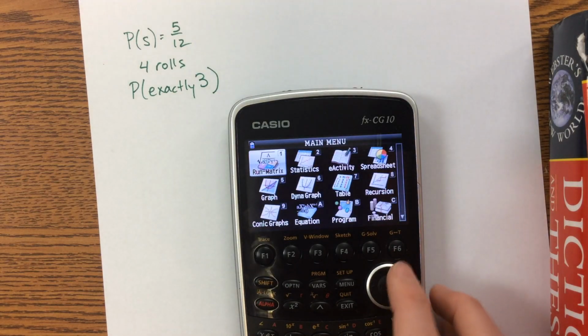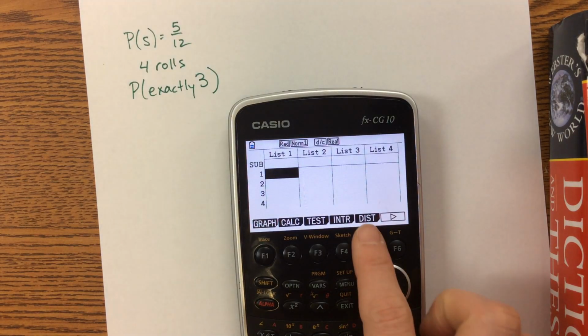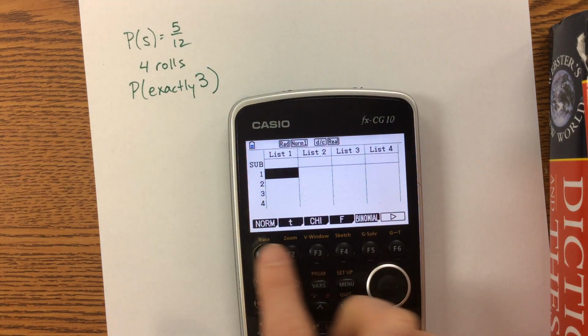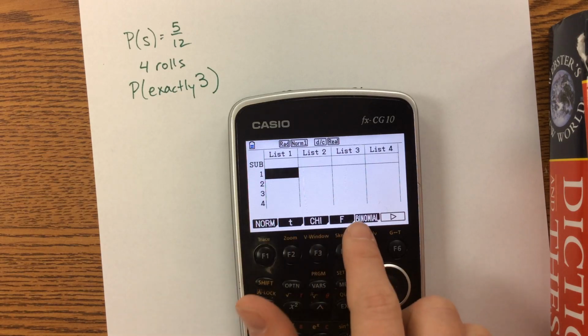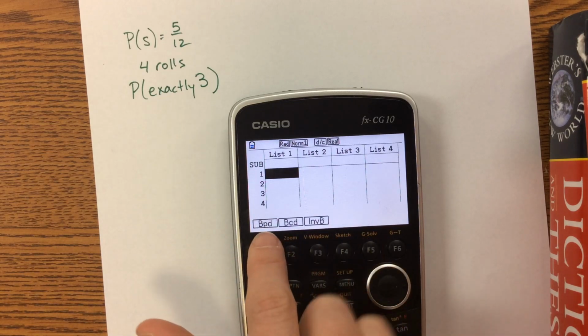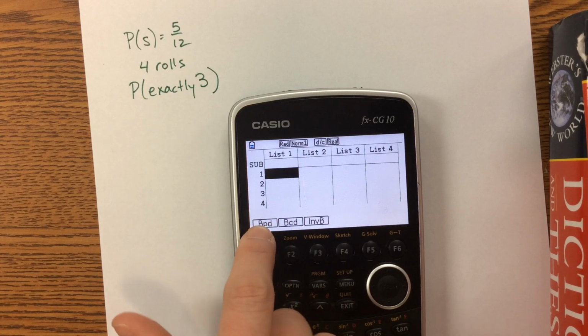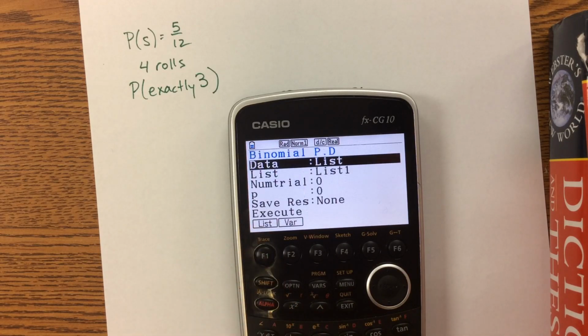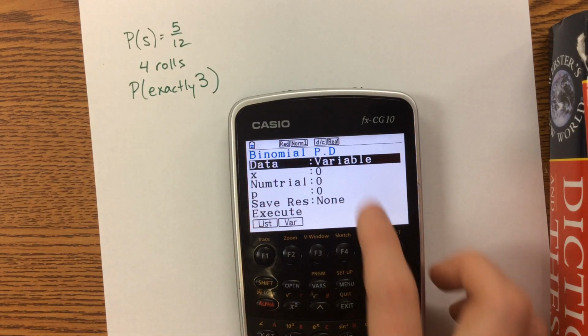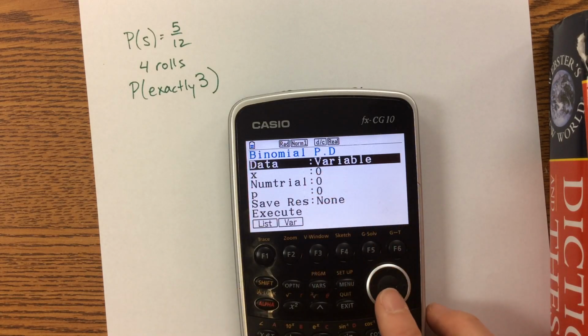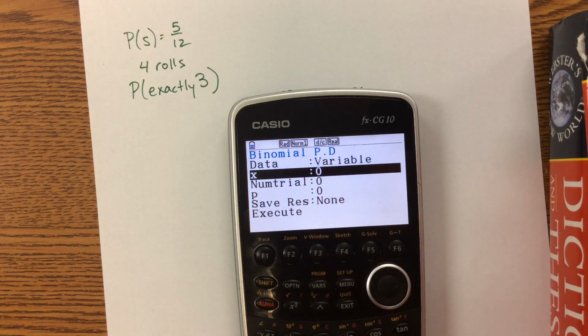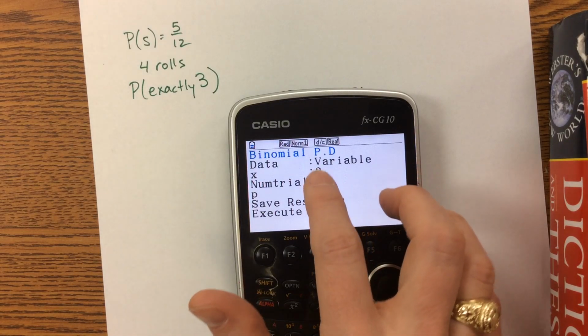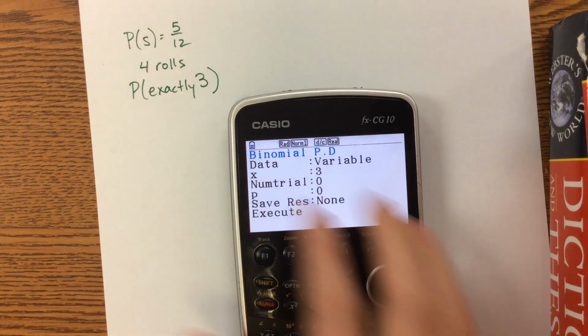Now the other thing, your calculator can do this for you. So when you go into menu, you can go to statistics. This is a distribution that we're looking at. We talked before about normal, but now we're looking at the binomial distribution, and we want to find that at a particular point. So we're going to use this BP. Then x is the number of times you want it to succeed, so we want exactly 3.